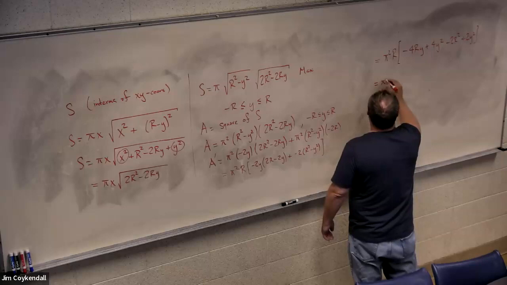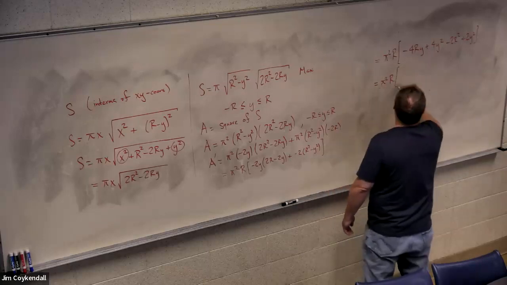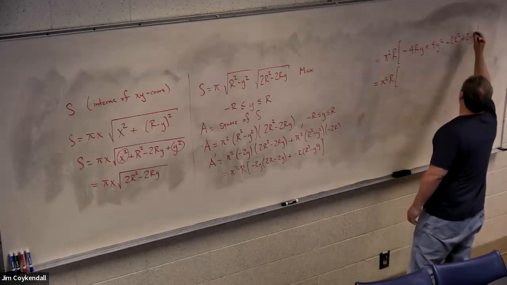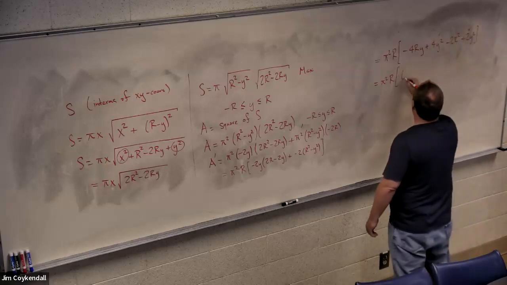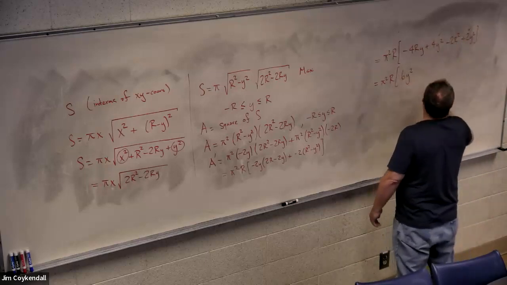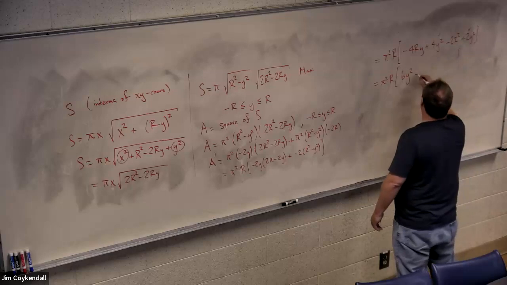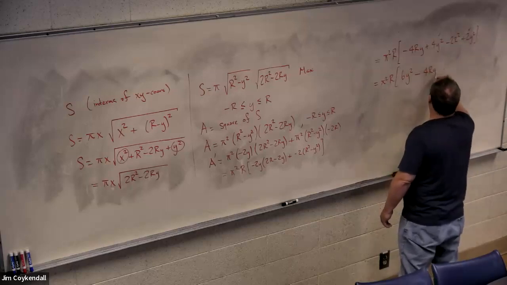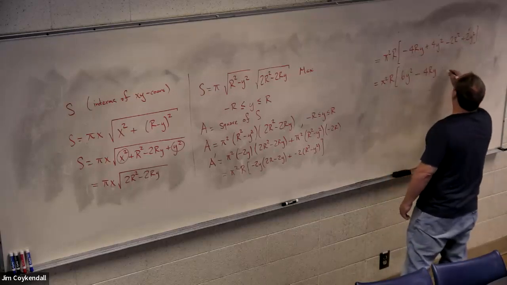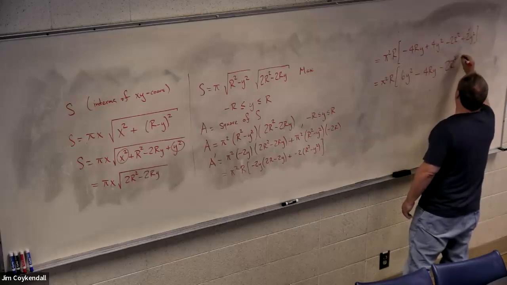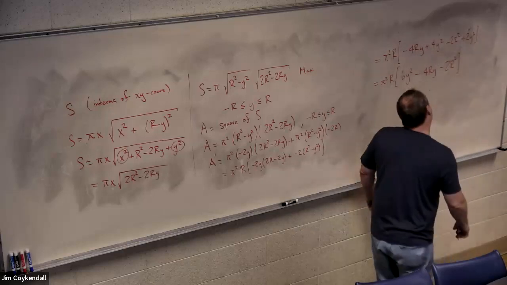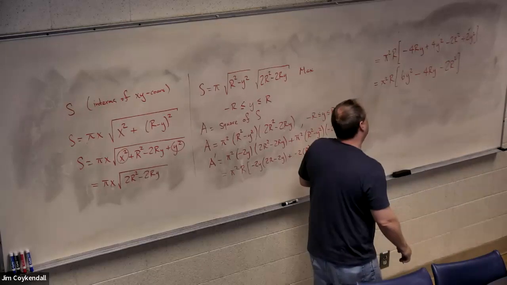Which is pi squared R. This is going to be, so I've got 6Y squared. And I've got minus 4Y.